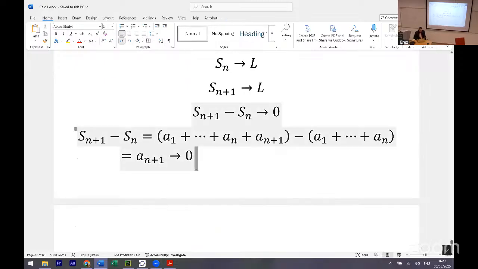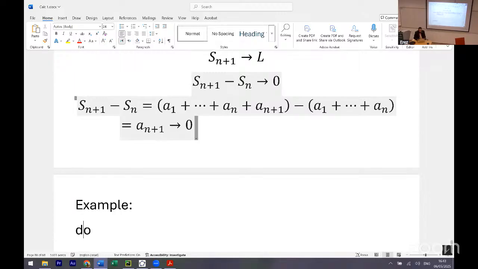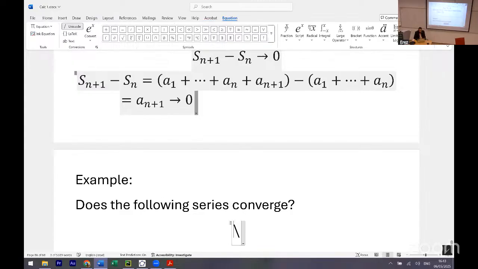An example: does the following series, the sum to infinity of this expression, converge?